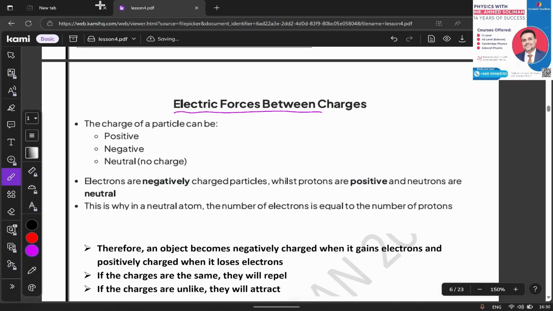Now we'll talk about electric force between charges. So again, Bara, what are the particles we know that have a charge? We have positive, negative, and neutral. Give me an example for a positive particle, Bara.